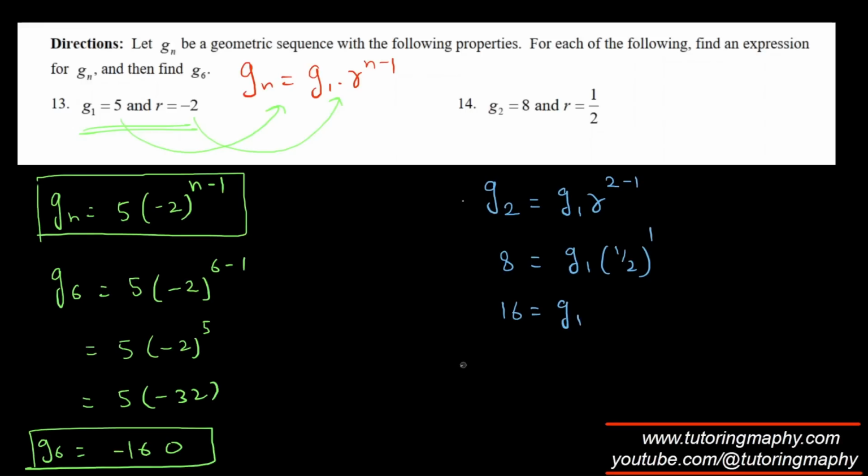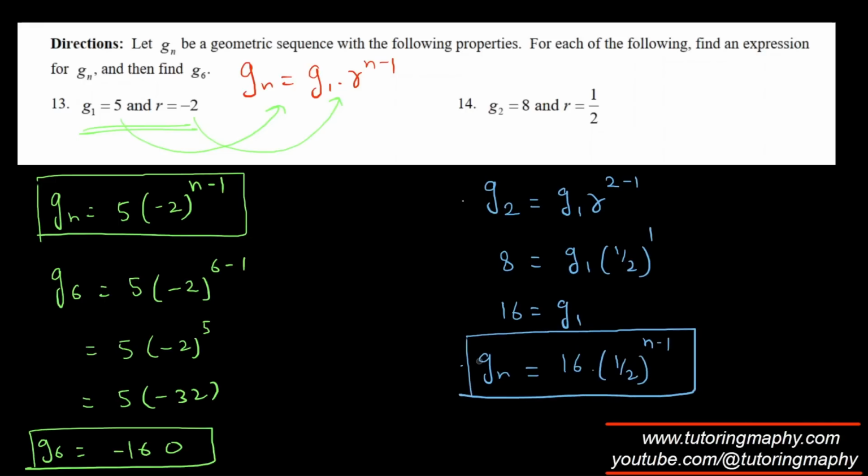Okay. So G_n is going to be G_1 times, G_1 is 16. I'm just going to plug in 16 here. So 16 times 1 over 2 raised to n minus 1. This is the general term. And they need G_6. So once again, I'm just going to put that as 6.